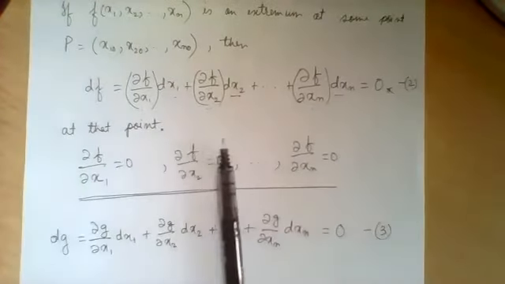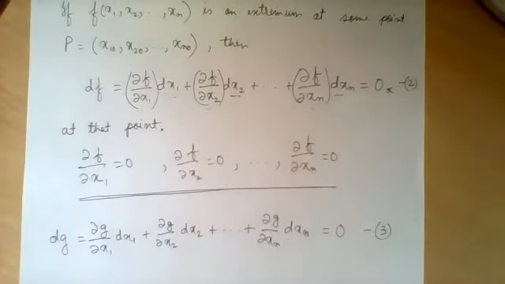I repeat, in the method of Lagrange multiplier, we multiply the total differential of g by a parameter lambda and subtract the result from equation number 2. And what do we get? We get the following result.